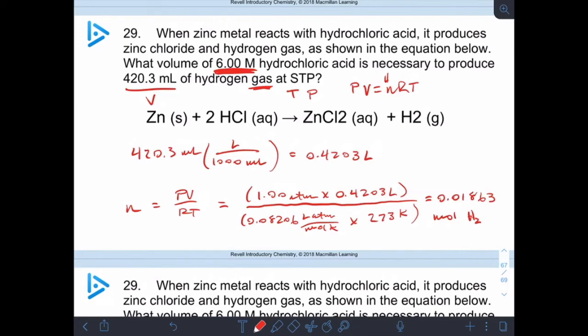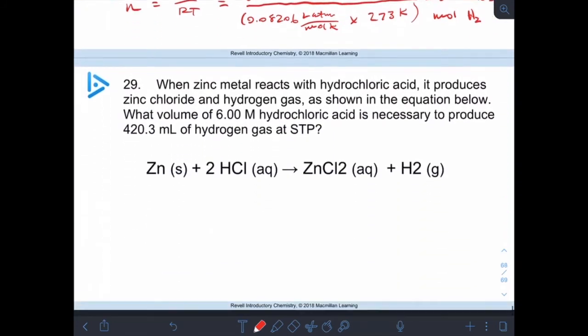Okay. So that's a bit of a trek, but this is one of our paths to the mole bridge. So I'm going to bring that number down to the following slide because I've got more blank space down there, and then we can do the stoichiometry, okay?